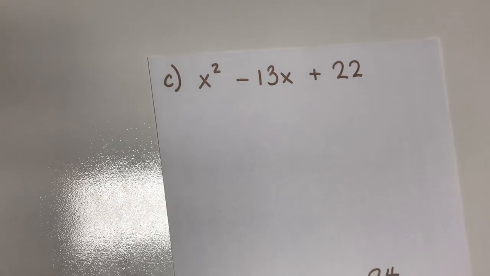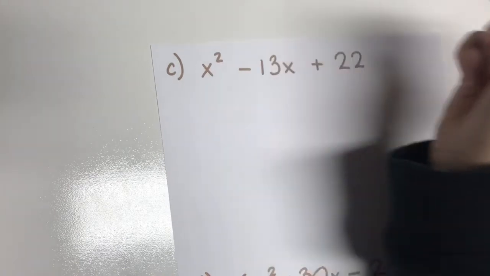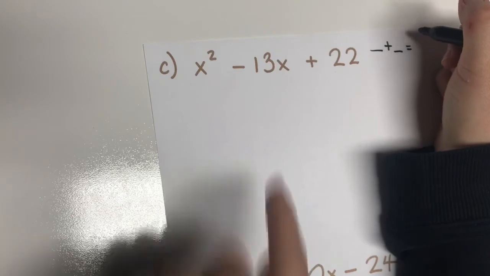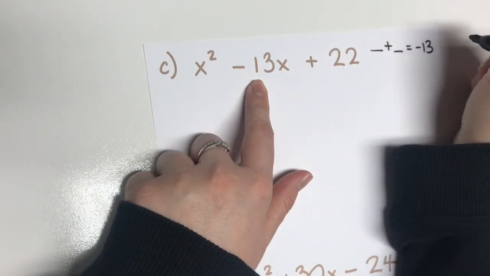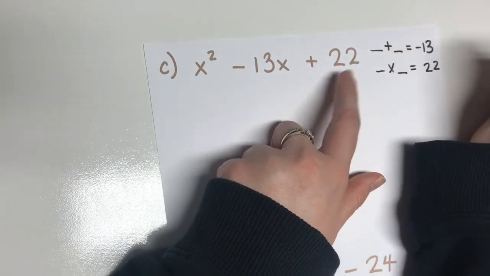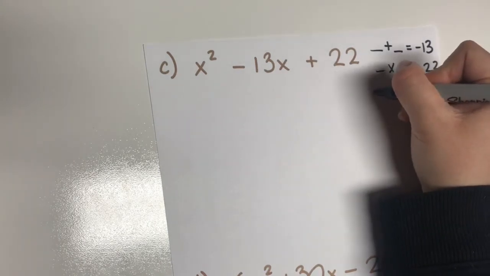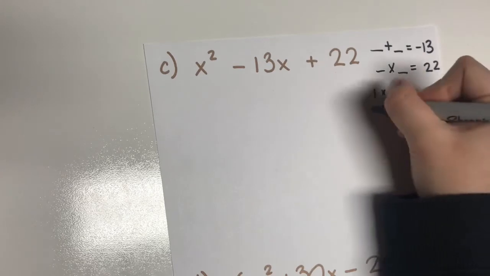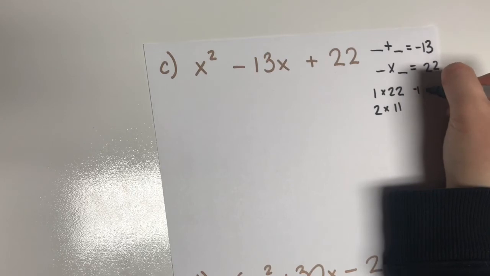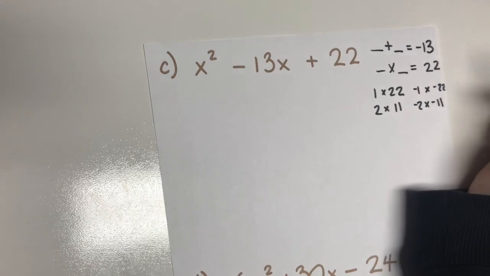Okay, next example. So here I'm looking for, remember, two numbers that I add together to make the middle term, the b, so negative 13, and that I can multiply to make c, or 22. So this is positive, so my options are 1 times 22, 2 times 11, and that's it, or negative 1 times negative 22, and negative 2 times negative 11.